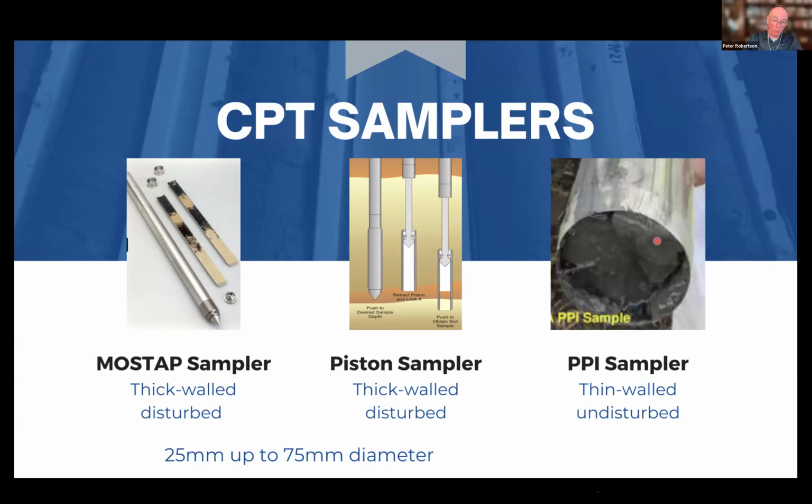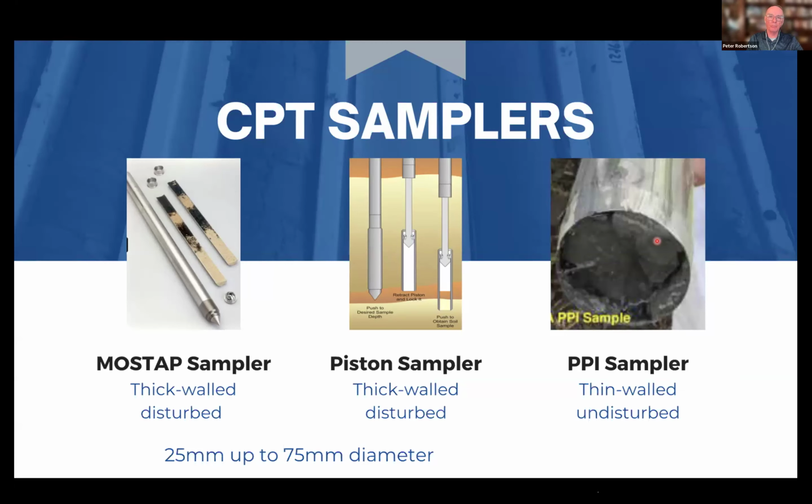With the cone, of course, you push the cone first, you get the profile, and then based on the profile, you decide which of the layers that are most important that you need to sample. Depends on the project. If it's liquefaction, you might be interested in sampling the silty sands. And if it's clay, you want to sample the softer, weaker clays that would be influencing the design of whatever the project was.